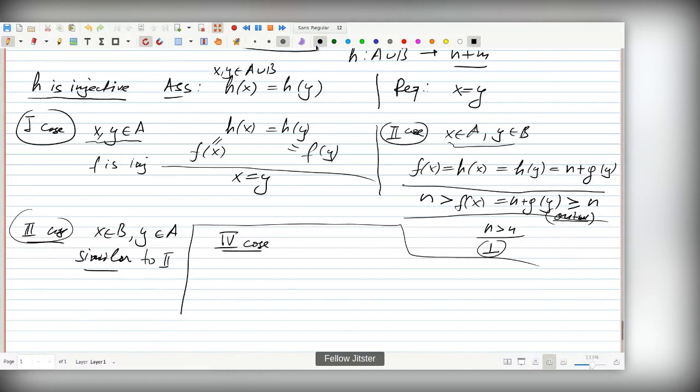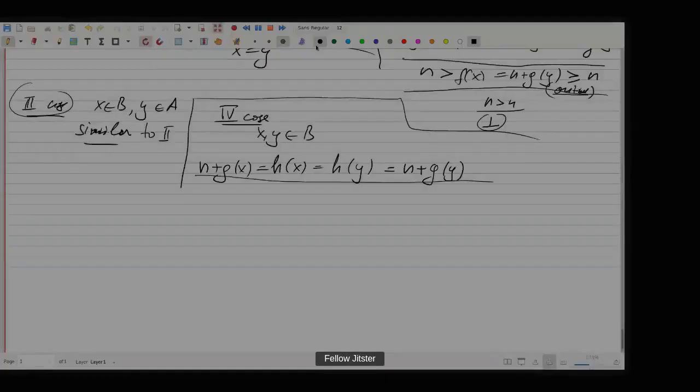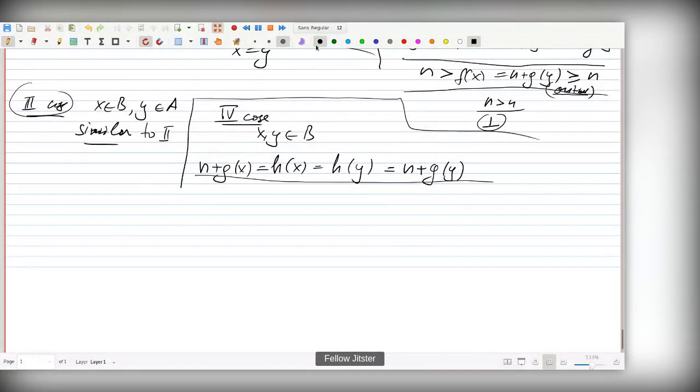Here both x and y belong to B. Then we have that h of x equals h of y, which is n plus g of x equals n plus g of y. Of course, it is almost immediate that we can cancel n on both sides, but think a little bit about that. Here we are also exploiting an arithmetical theorem that if n plus k equals n plus l, then k equals l.